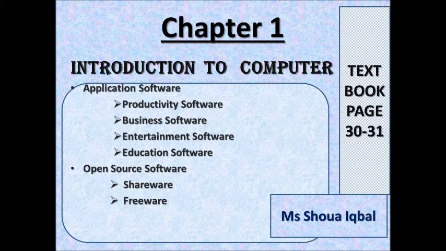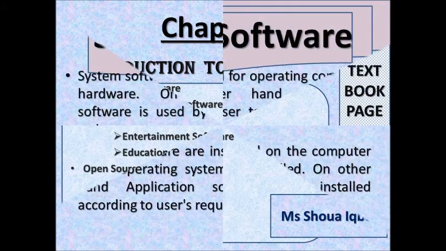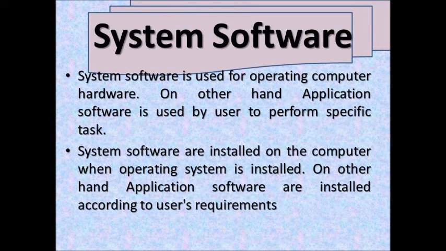One is application software and the other one is open source software. Remember, in the previous tutorial, we studied computer software and its types. In that, we discussed system software and its types: operating system, device driver, utility programs and language processor.